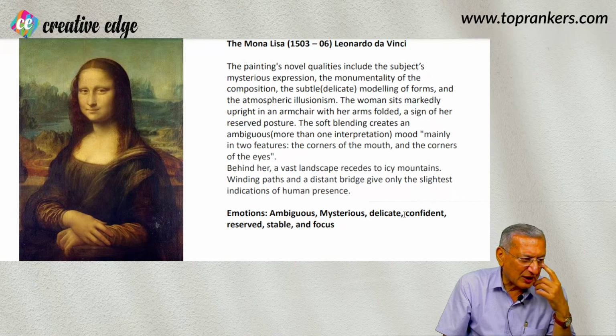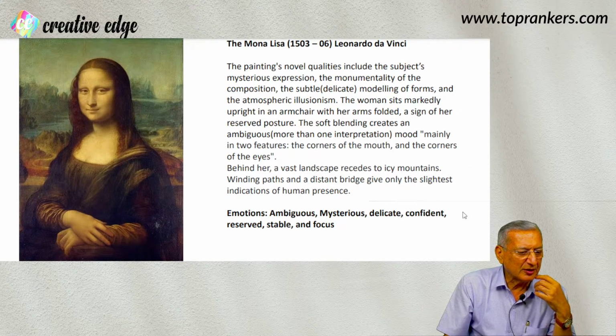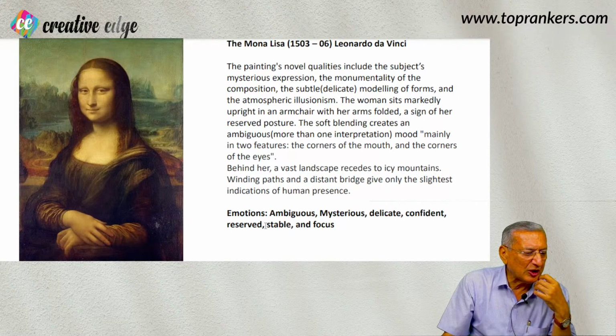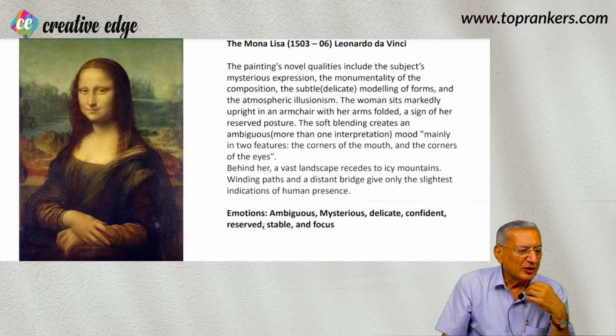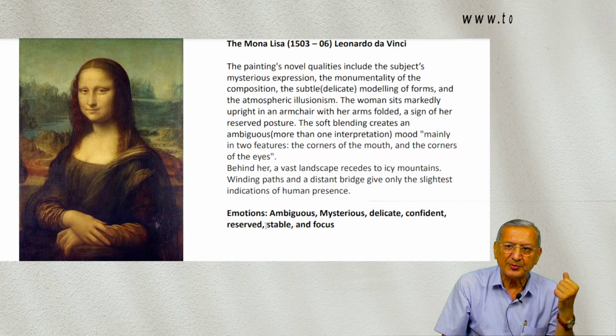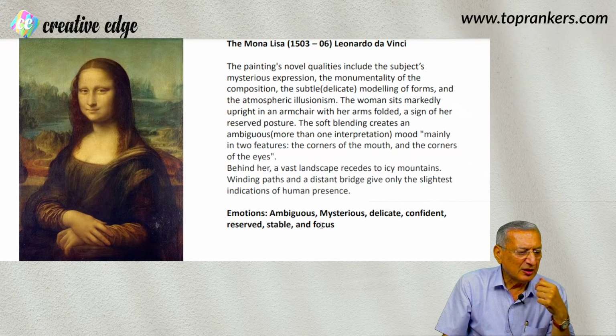But then look at her eyes. She looks confident, right? Although reserved. Reserved, that means you could have also written here, maybe saying that she is looking introvert. Okay? Then stable.